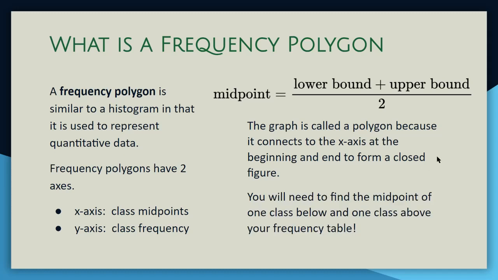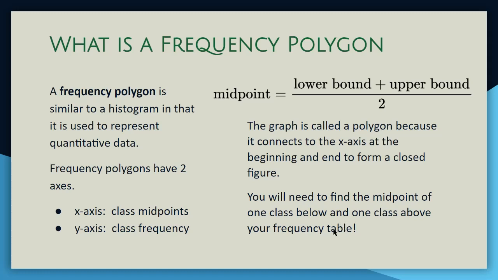The process is going to look a lot like your histogram process with the additional step of finding the midpoint. And then you will need to find the midpoint for one class below your table and one class above your table to close off that polygon.